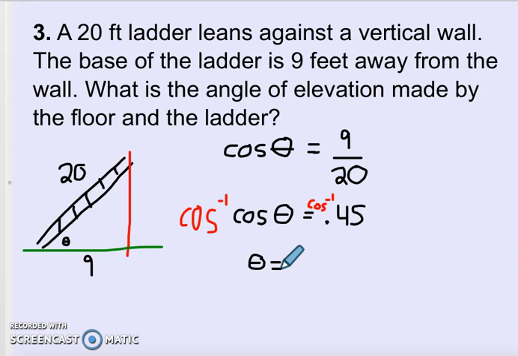Inverse cosine on my calculator. My graphing calculator, I just press second cosine, and it gives me inverse cosine. So second cosine 0.45 equals, again, I'll round, 63.26 degrees. That's that angle of elevation. And that's what they were looking for.